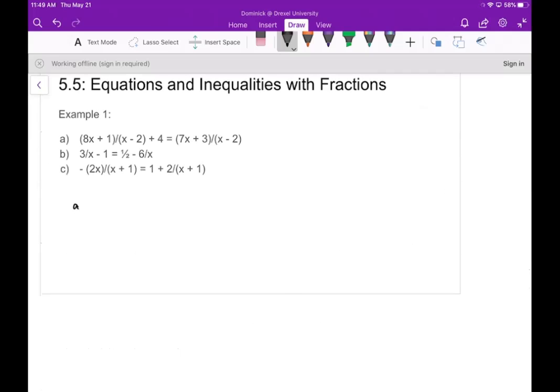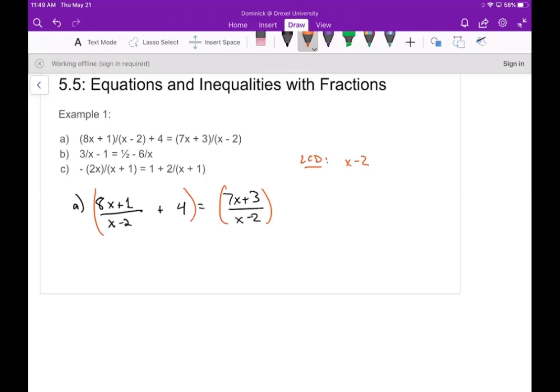So in part A, we have 8x plus 1 over x minus 2, plus 4, is equal to 7x plus 3 over x minus 2. Well, here, hopefully it's easy to see that the LCD is simply just x minus 2. So that's what we're going to multiply both sides of this equation by. Now, when you distribute this, I'm going to do this in slow motion the first time.